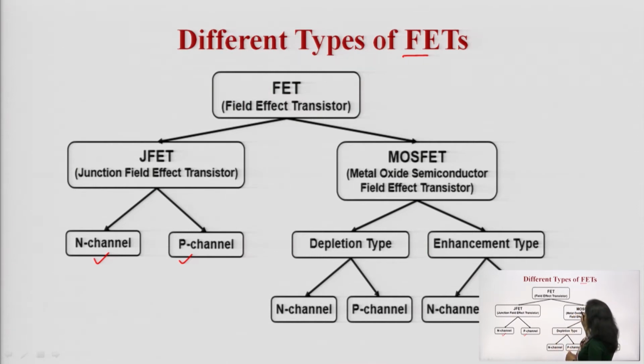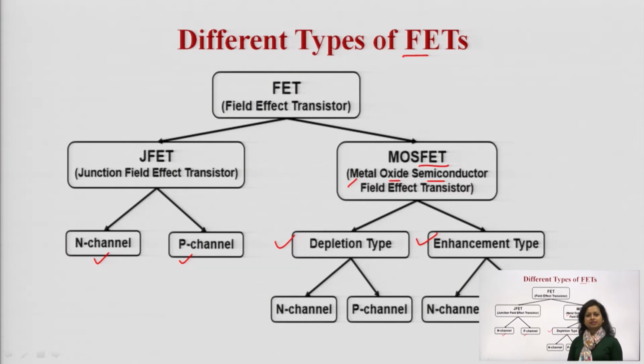Now let us discuss the MOSFET. In MOSFET, M denotes the metal, O is for oxide, S is for semiconductor, FET is field effect transistor. So MOSFET is metal oxide semiconductor field effect transistor. It is also one of the types of FET, and MOSFET can be of two types. It may be of depletion type, it may be of enhancement type.